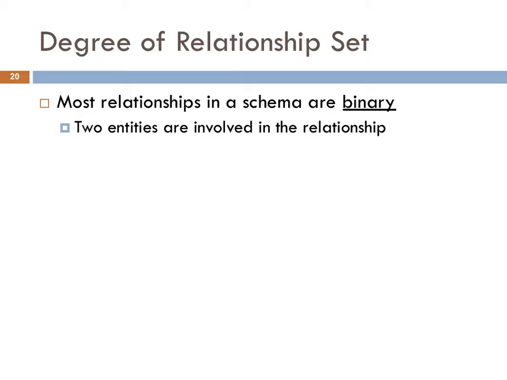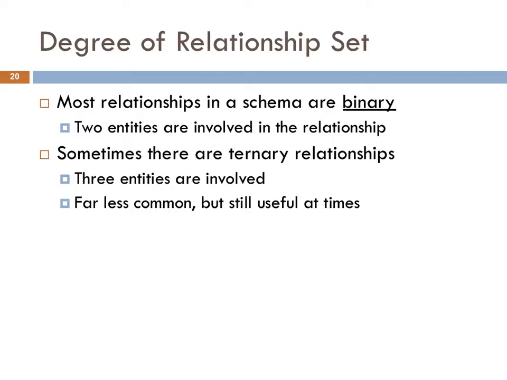Has anybody heard of an object relational mapper before? If you've ever used anything like Django or Hibernate, Java EE, any of that kind of stuff, SQL Alchemy is another Python library that does that. They're object relational mappers. Frequently, those libraries can't handle relationship sets with 3 entities participating in each relationship. Okay. Anyway, so you do have sometimes ternary relationship sets.